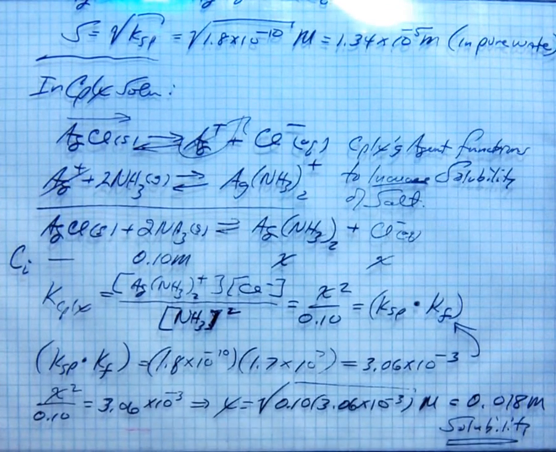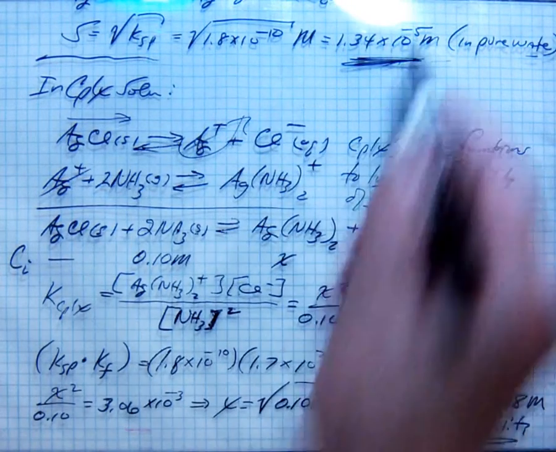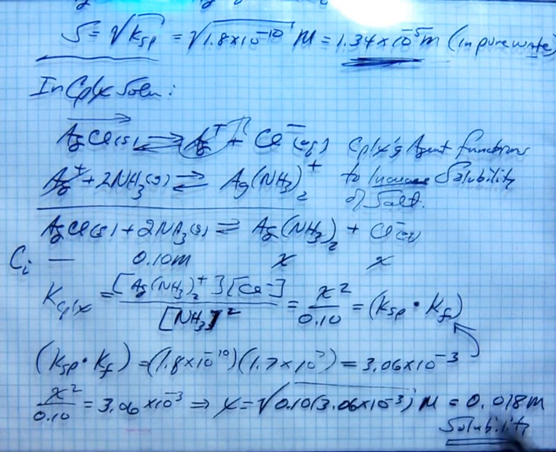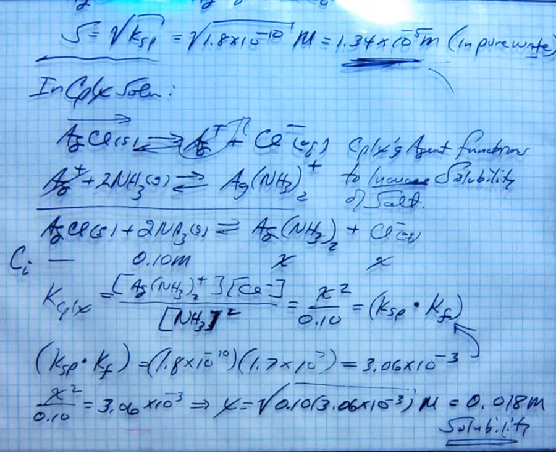And so you can see the pure water solubility is on the order of 10 to the minus 5. Well, this one is 10 to the minus 2, a significant increase. And of course the solubility with the common ion was around 10 to the minus 8.